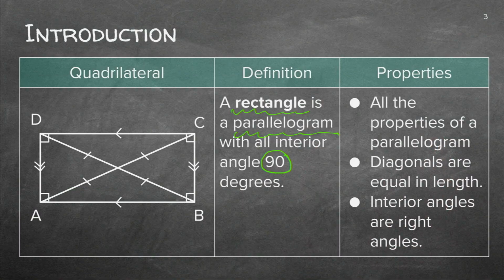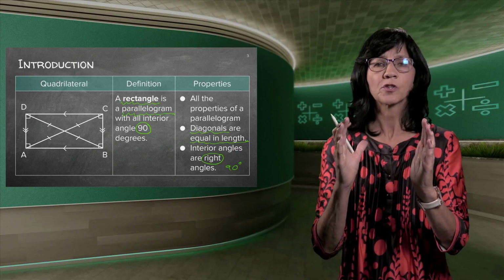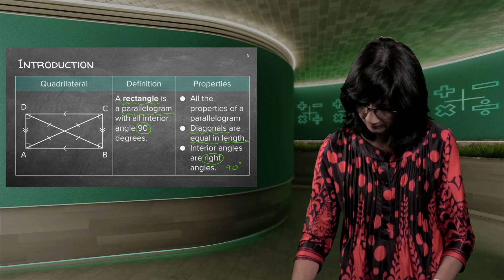The only difference, the diagonals are now equal in length and the interior angles are right angles. In other words, 90 degrees. So there's only two things that are different. The diagonals of a parallelogram also bisect one another, but these, because I put the parallelogram straight up, they are now also equal, the diagonals. So those are properties of a rectangle.